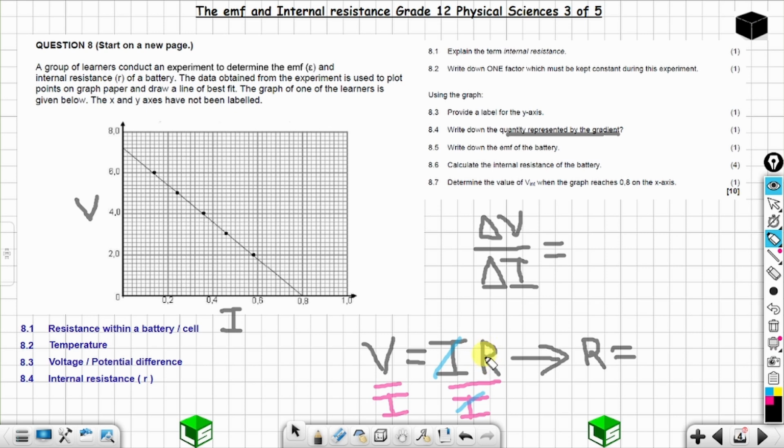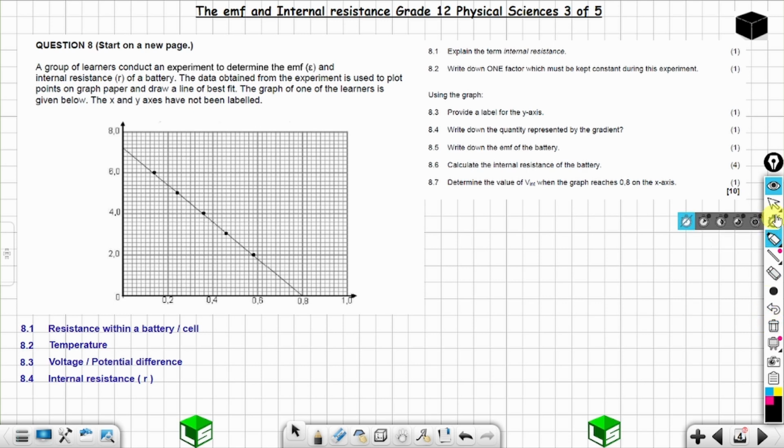Now you have resistance is equal to voltage over current. So voltage over current is equal to resistance. Now in this case, we are dealing with a battery. We know inside of a battery, we have internal resistance. So this is how you can find your answer to question 8.4.